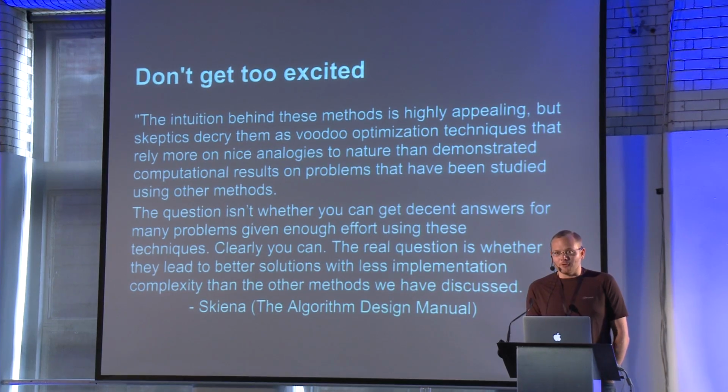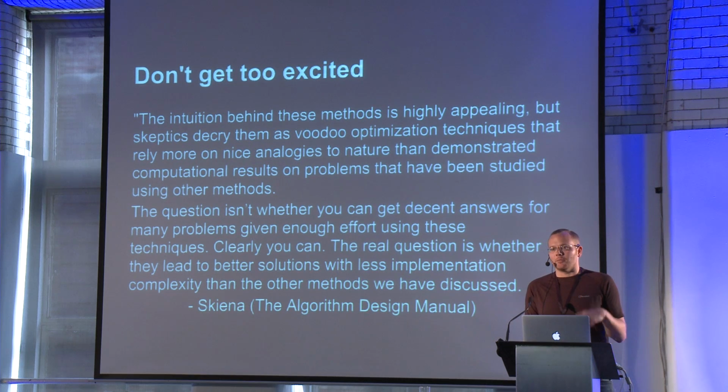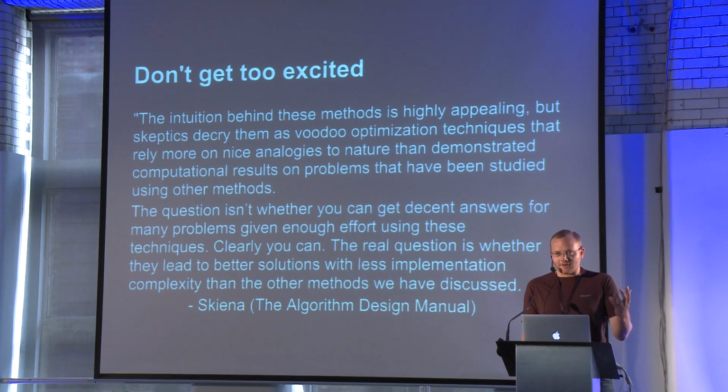So they're not a magic bullet. Skiena from the Algorithm Design Manual calls it a sort of voodoo optimization technique, and he's a little bit disparaging of it. So it's definitely not certain that genetic algorithms are the answer to all problems. But I think they're a very interesting way of solving some problems.